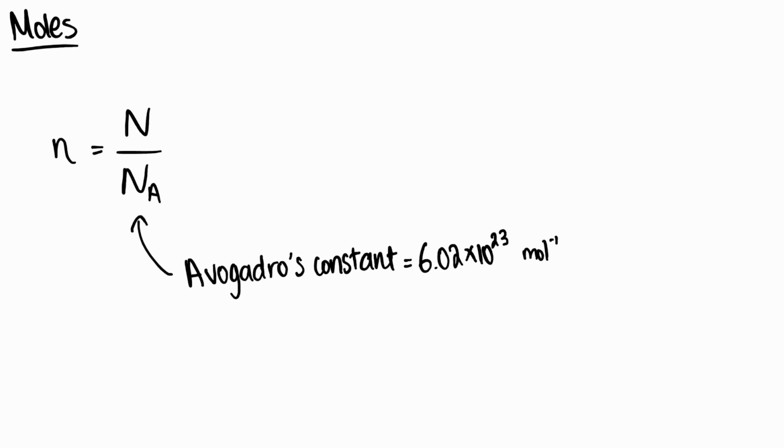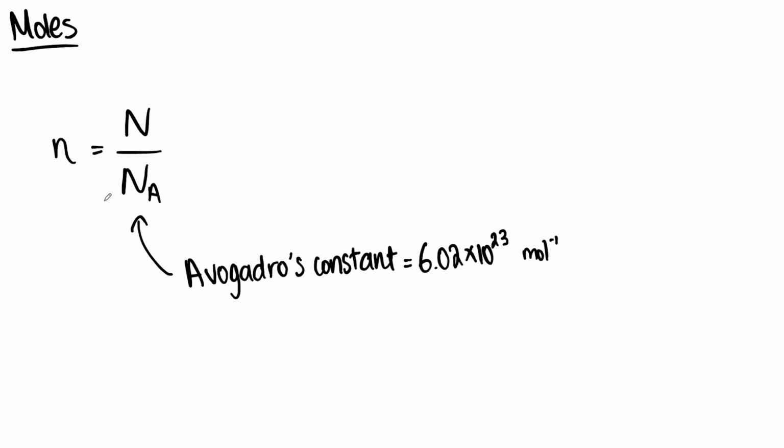So, how to work out moles. Apologies in advance because there are 3 n's in this calculation, so don't get confused. Little n here is the number of moles. Big N is the number of particles in a substance.